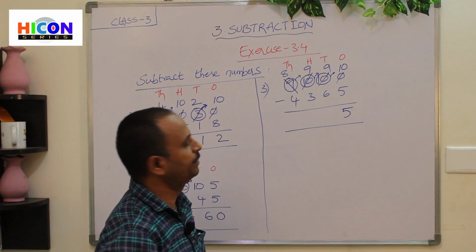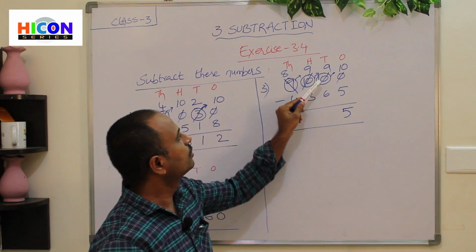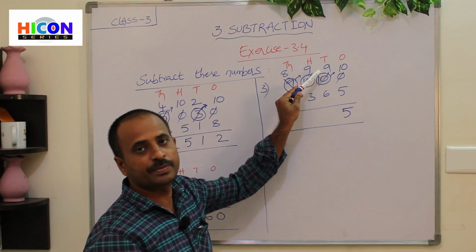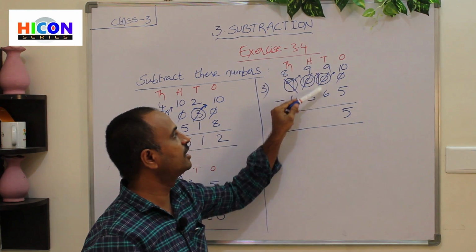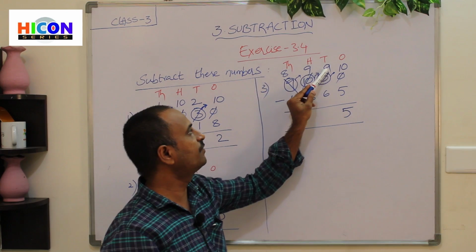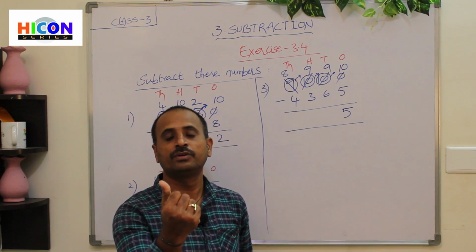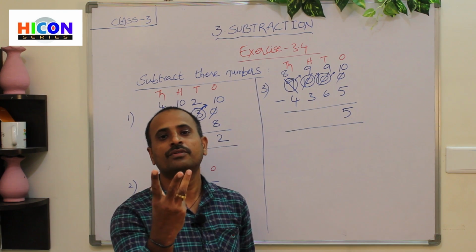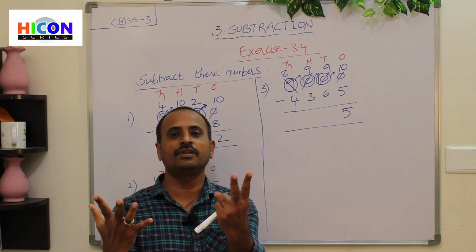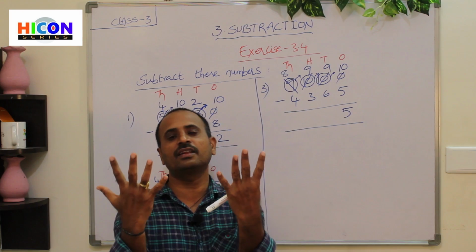Now go to tens place. Children, what are the numbers present in tens place? 9 and 6 are present in tens place. What is the first number? 9. So open 9 fingers of your hand. 1, 2, 3, 4, 5, 6, 7, 8, 9. These are the 9 fingers.